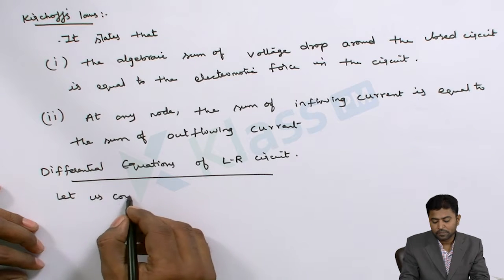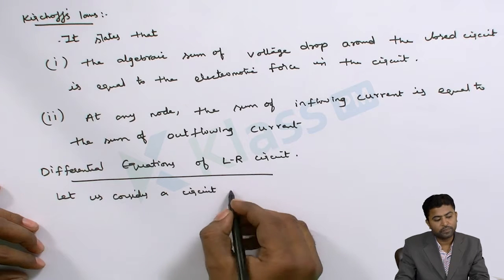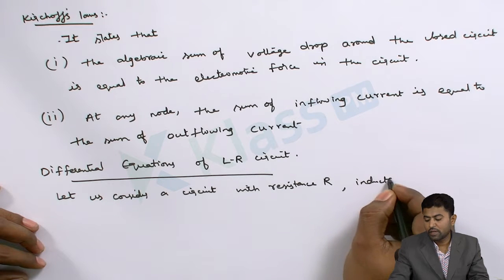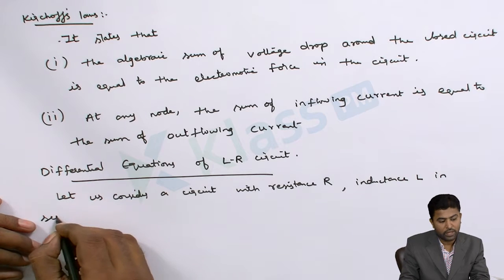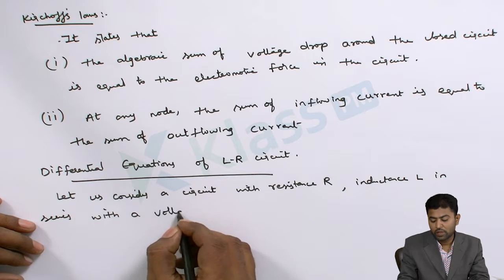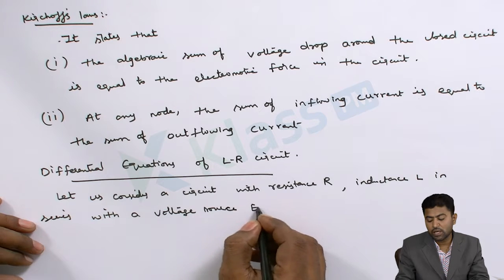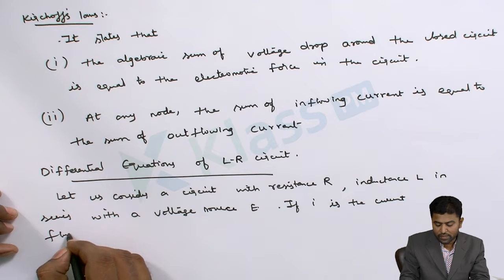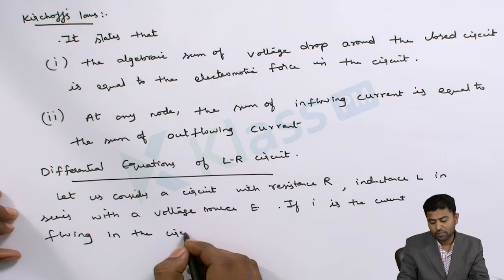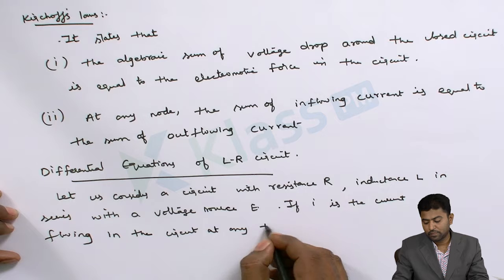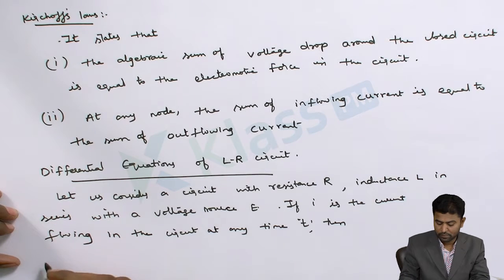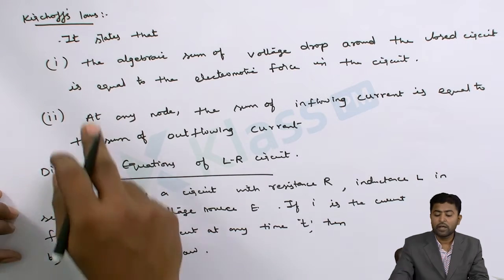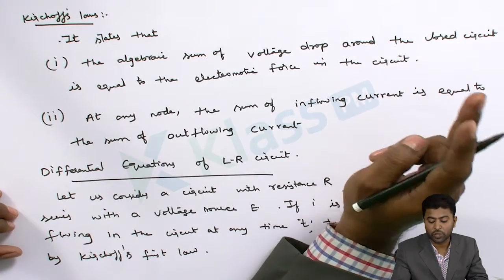Let us consider a circuit with resistance R, inductance L in series with a voltage source E. If I is the current flowing in the circuit at any time t, then by Kirchhoff's first law, the algebraic sum of voltage drops around the closed circuit.